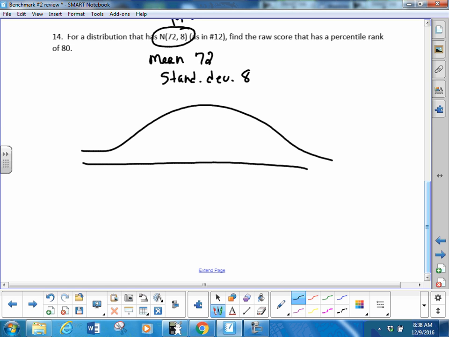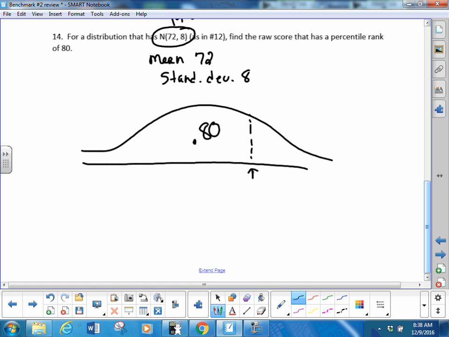Percentile is a form of area because if you're at the 80th percentile, then that means the area that you're better than is 80%. So, here we go. We know you're here, or whoever has that raw score is here, and here is at that 80th percentile. Okay, but what is that raw score? So this is an inverse one?